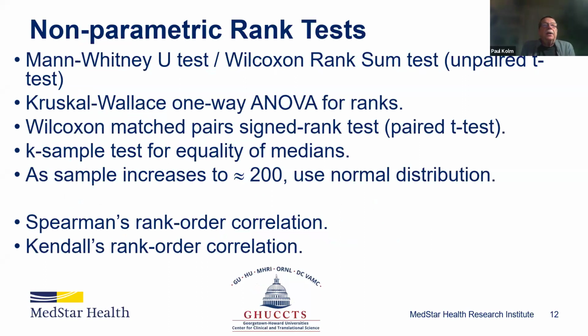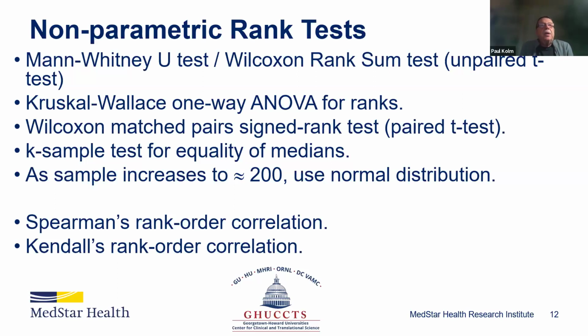There are a number of non-parametric rank tests in any statistical software, and you can use those if the distribution of your outcome variable is not normally distributed. It turns out that oftentimes they will give you essentially the same thing as the parametric test.